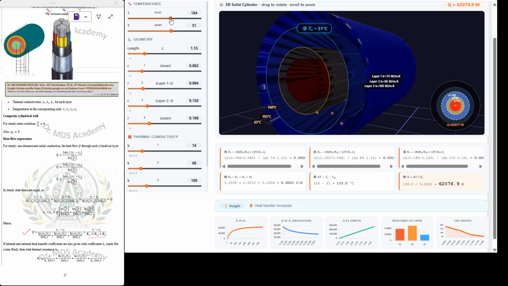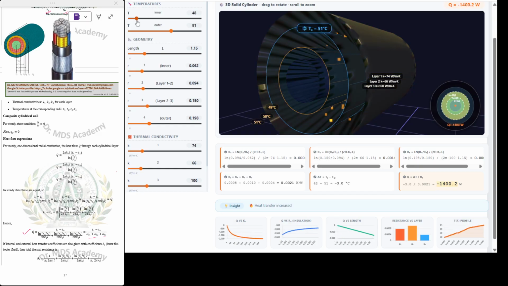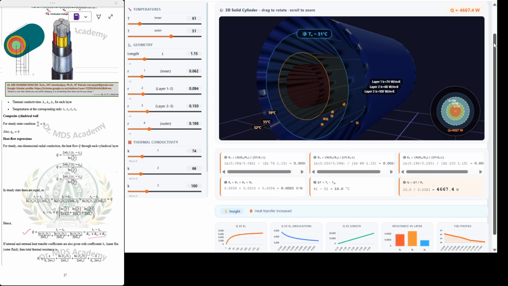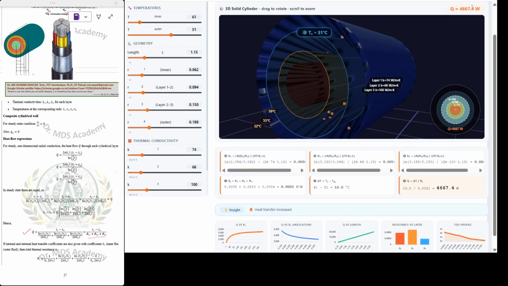As you are decreasing the T inner temperature, see what is happening. There is no effect on the resistance here. However, Q is decreasing. Now when you are raising the T inner temperature, the difference in temperature is getting larger and larger.